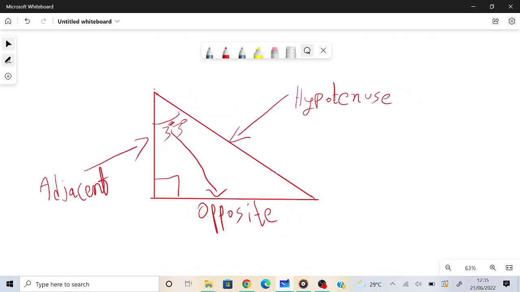Now, note that the hypotenuse is always constant. It's always the longest side of the right angle triangle. However, the opposite and adjacent can change in between them.